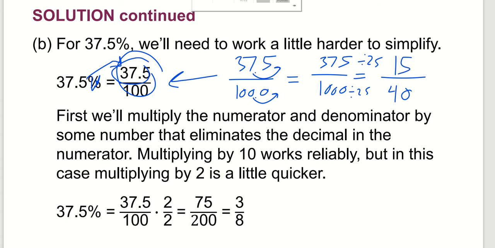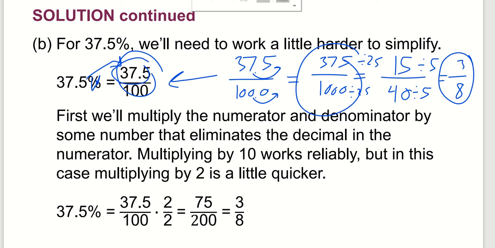We can reduce it a little bit more because now both of these are divisible by 5. 5 goes into 15 3 times, and 5 goes into 40 8 times. So we would get the reduced fraction 3/8. So 37.5% is equivalent to the reduced fraction 3/8.